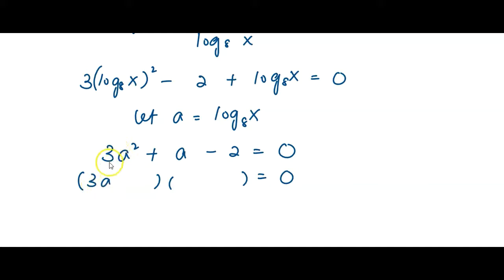So to get 3a squared, this will be 3a, this will be a, and the 2 will be located here, and the 1 will be here. To get a positive a, we have to take the positive 3a minus 2a to get a positive 1a. And later on, we're going to check by expanding back, checking whether our factorization tallies with the expansion.